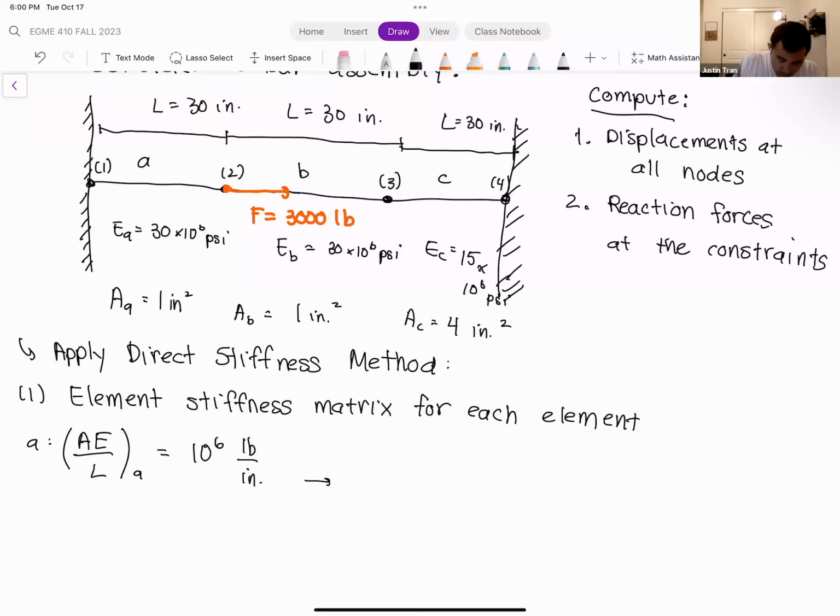If we write out the element stiffness matrix for element A, we have F1, F2, because we can see from the figure that element A is connected to nodes 1 and 2. Its value for AE over L is 10 to the 6, so let's put 10 to the 6 outside of the matrix.